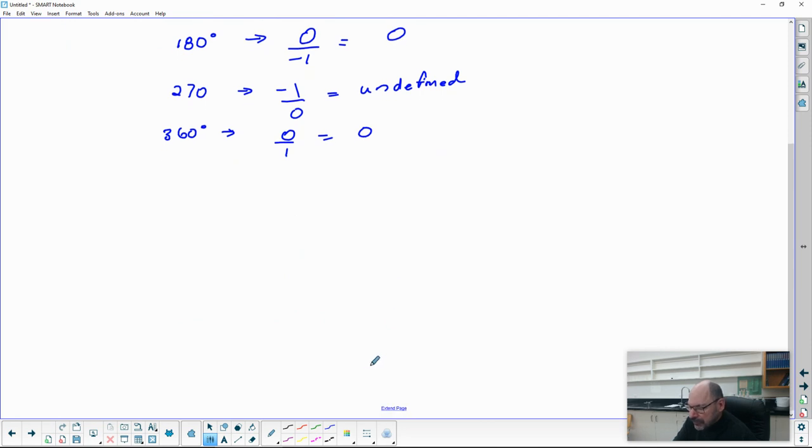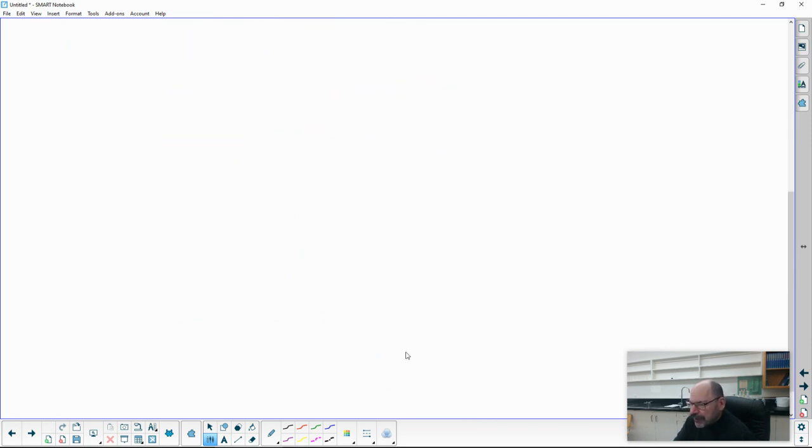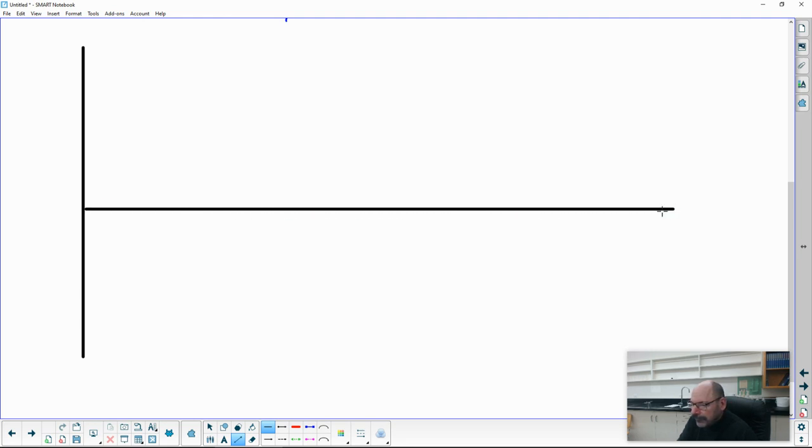Okay, so I'm going to put that up out of view and then draw an axis from 0 to 360. Now, I'm not going to put any numbers on the side because we don't know if it goes beyond 1.